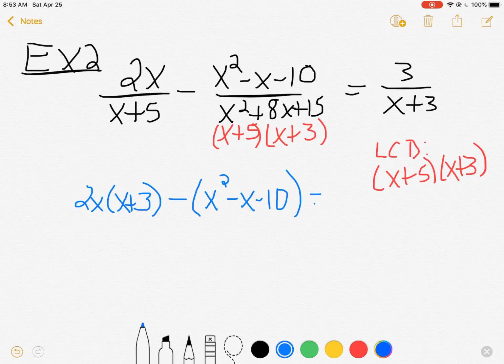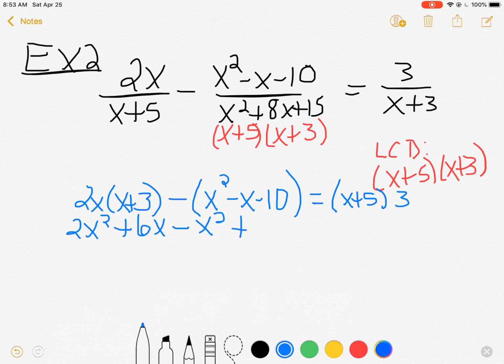When I multiply it to the right-hand side, the x plus 3's cancel, and I get x plus 5 times 3. Right, and now I'm going to distribute. I get 2x squared plus 6x, distributing that negative, minus x squared plus x plus 10. Distributing the 3, I get 3x plus 15.